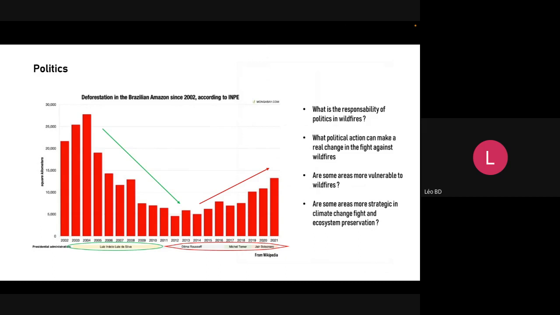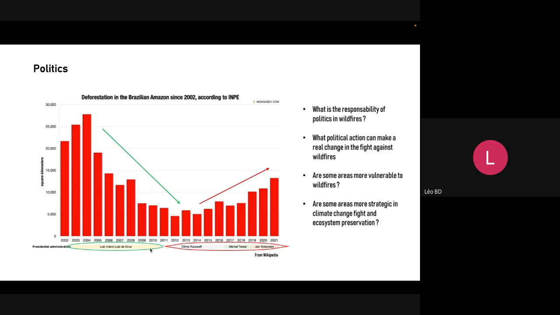I thought it was interesting because it's showing deforestation in Brazil since 2002, and it's showing that from the early 2000s until 2010, the deforestation in Brazil was decreasing a lot, going from almost 30,000 square kilometers deforested in 2004 to less than 5,000 square kilometers, so almost a ratio of divided by 6, which is huge. And then we see an increase from 2012 to 2013.